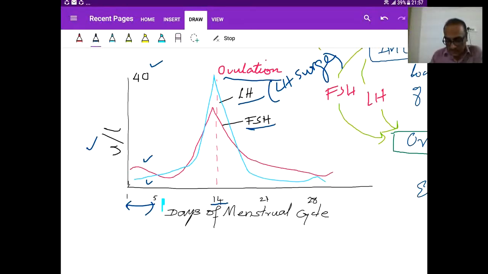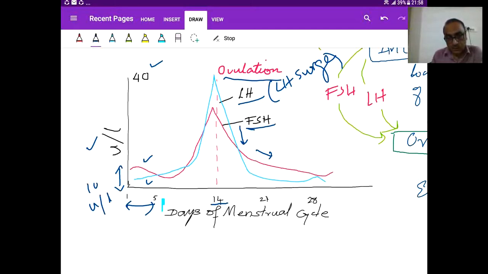Along with that, levels of FSH and even estrogen also increase. Now after the ovulation, the hormonal levels decline. Both LH and FSH decline. Their concentration becomes less again, within 10 units per liter.